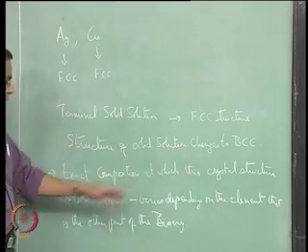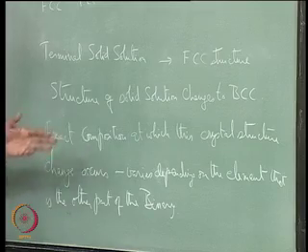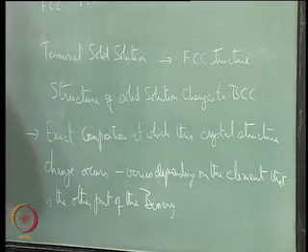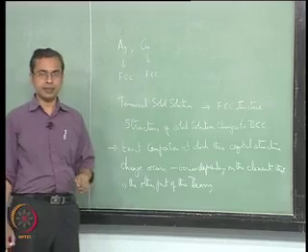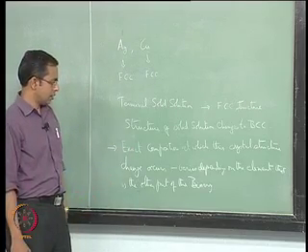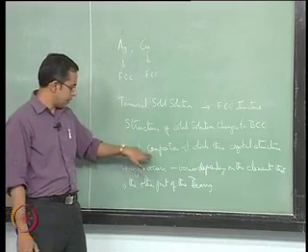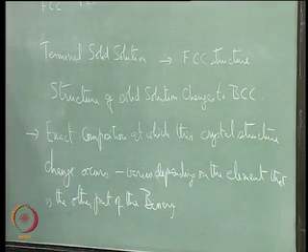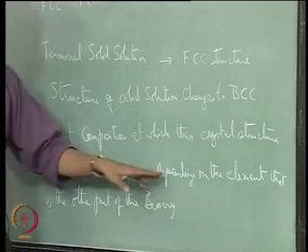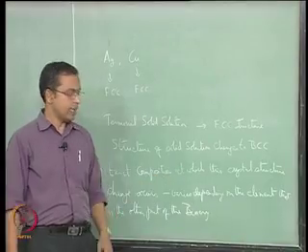Based on the alloying element that you add, at some particular percentage of that element, this change in structure from FCC to BCC occurs. The specific composition at which this change occurs will vary somewhat depending on the element that you select.